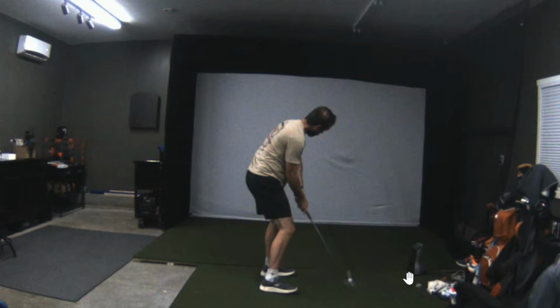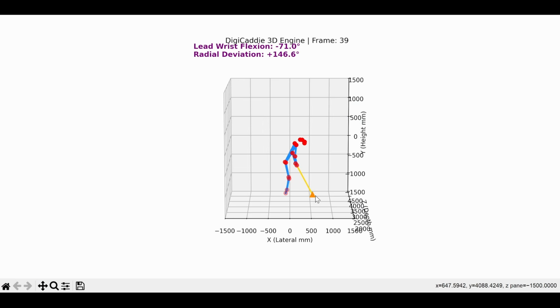So the whole reason that I stitched the 2D camera together along with the 3D watch data is so I can remove any bias from camera placement when doing a down the line or face on view and videoing the golfer.